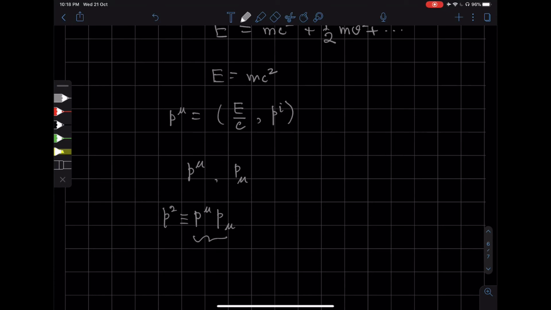But by dimensional analysis, the only thing that it can be proportional to is m squared c squared, because these are momentum. So the square of the momentum must have dimension of square of momentum, and mc has the dimension of momentum.